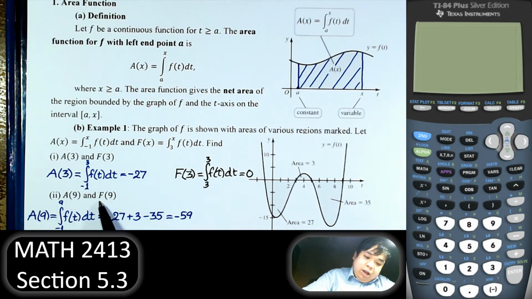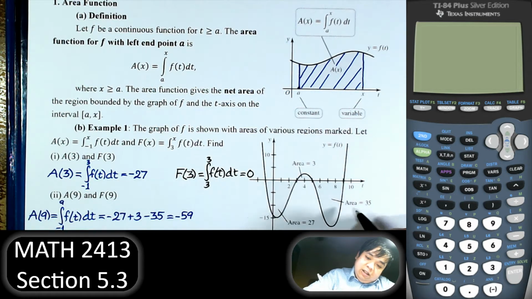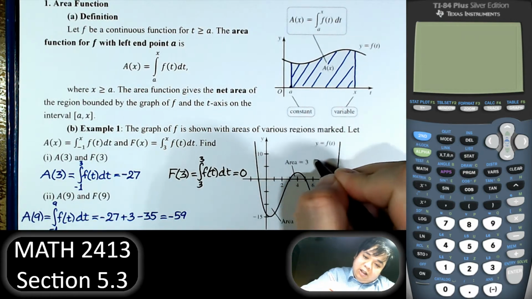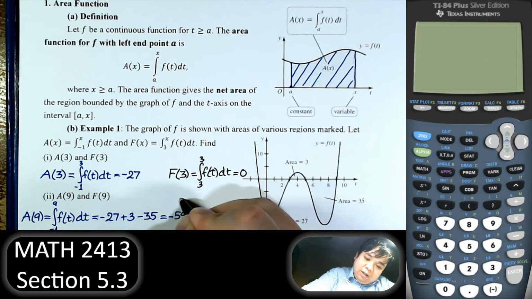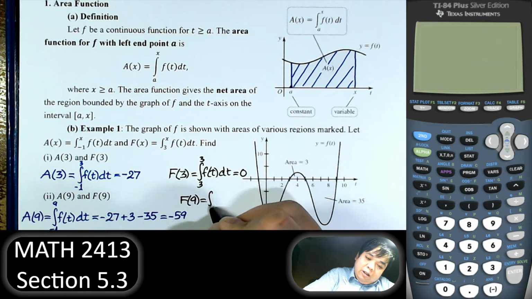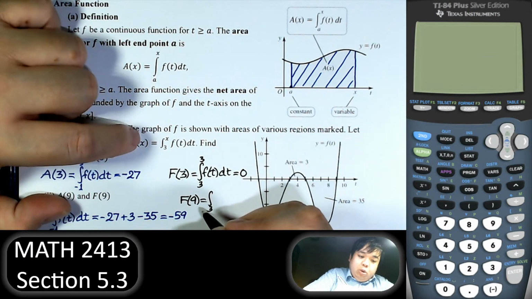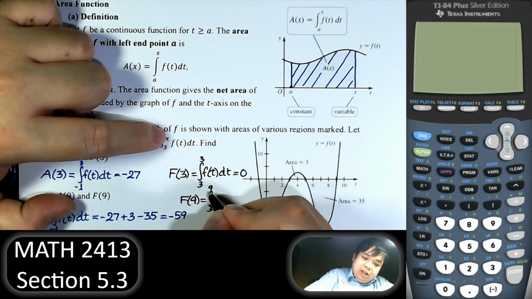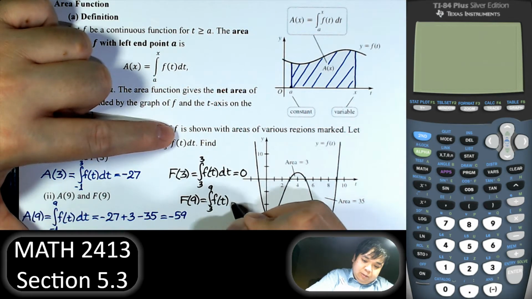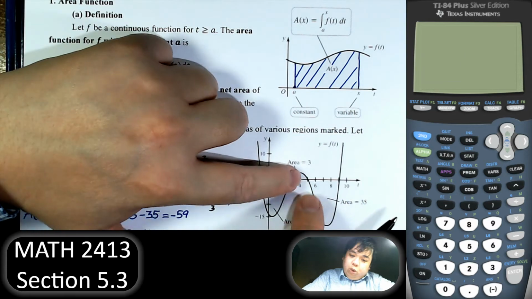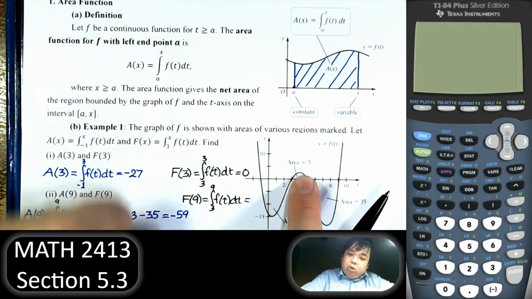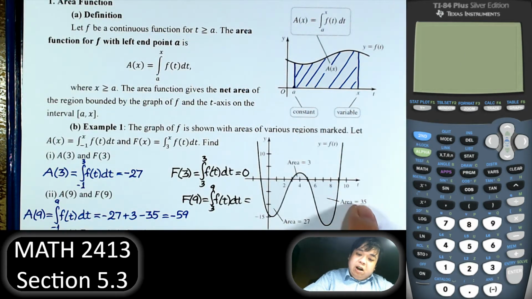And then if we calculate f of 9, let's do that here. F of 9, meaning we're going to put 9 in for x in that function. So from 3 to 9, there's a 3 above and a 35 at the bottom.